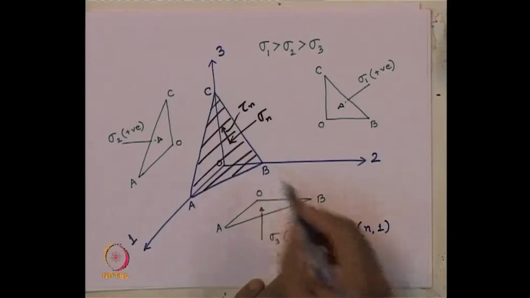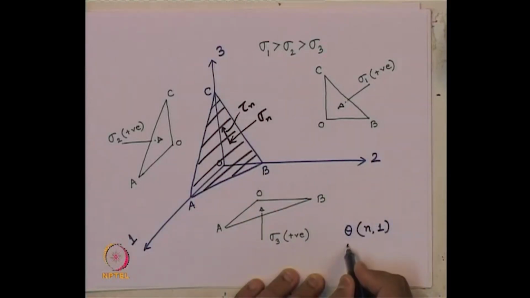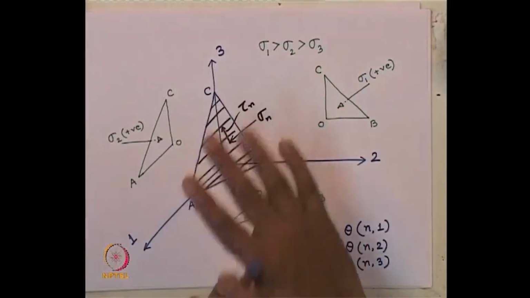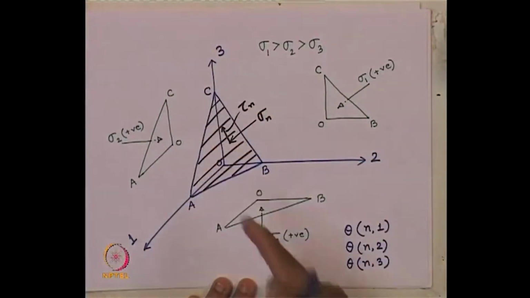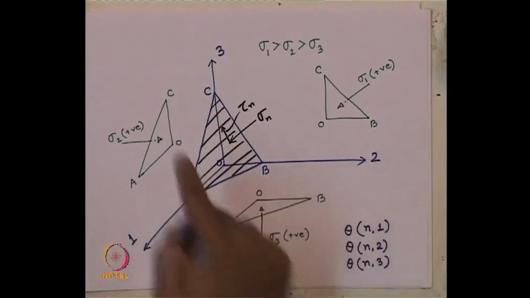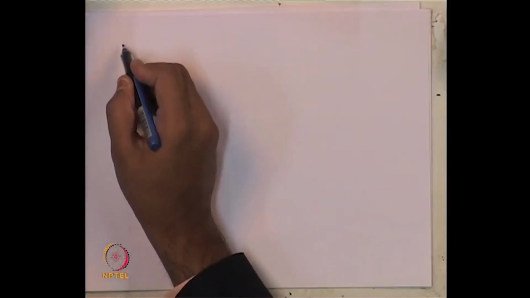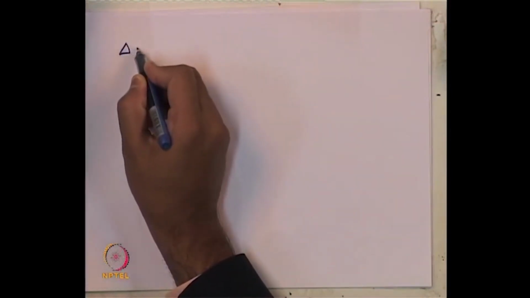The other angle it makes with axis 2 is theta n2, and theta n3 with axis 3. So, these are the three angles made by this nth plane with respect to axis 1, axis 2 and axis 3.